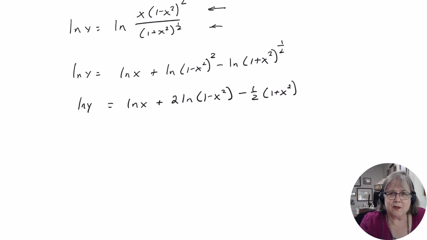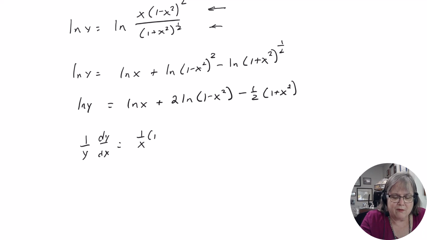I'm going to take the derivative with respect to x on each side. So this is going to be 1 over y dy dx. And the derivative of the natural log of x is 1 over x. And the derivative, if you loop back in, you're going to have 1 plus 2.